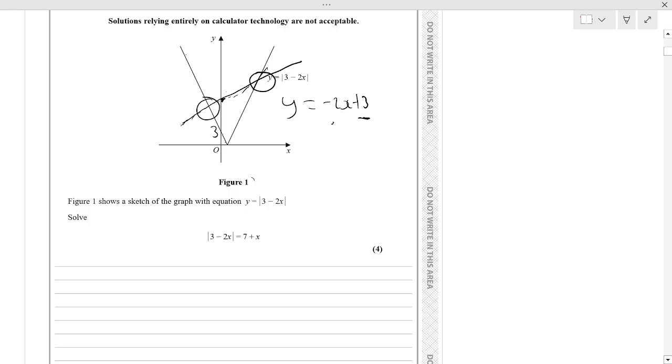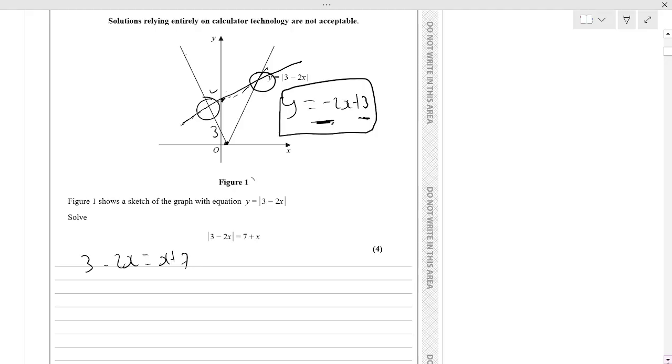This side is where the V shape, the modulus graph, isn't being reflected. This left part before it rebounds up at 0 is the same line as this. So that means simply 3 minus 2x equals x plus 7. That corresponds to that intersection point there.